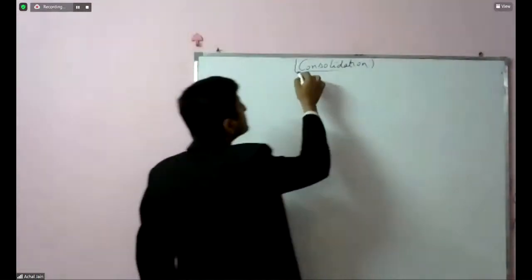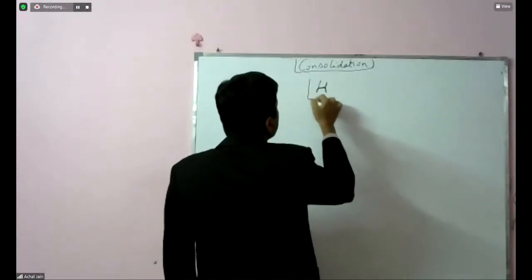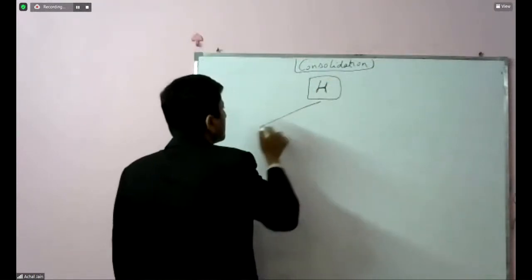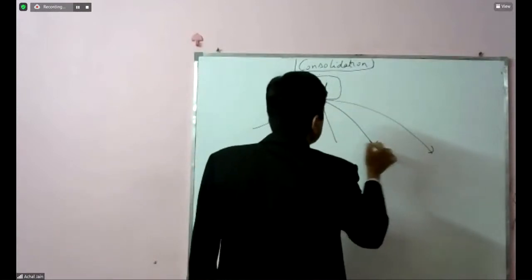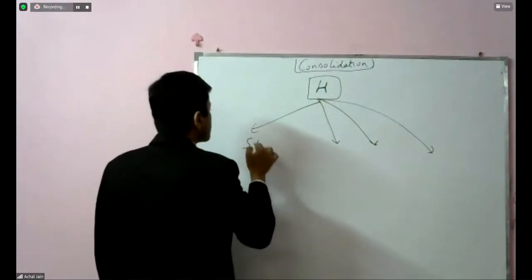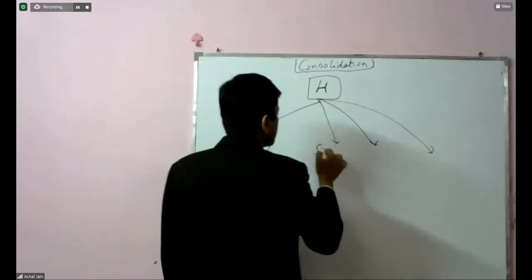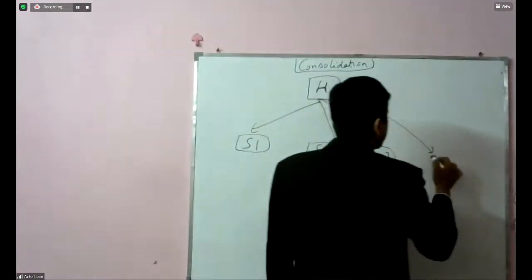So we had this example of H. Let's suppose there are 4 subsidiaries: S1, S2, S3, and S4.